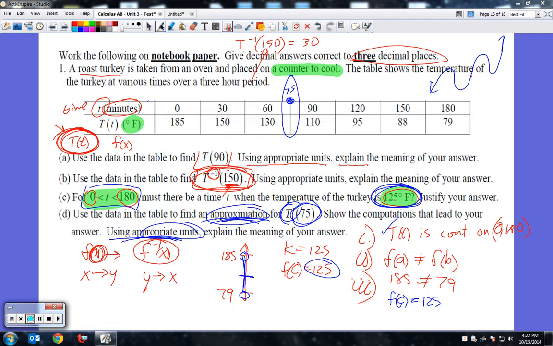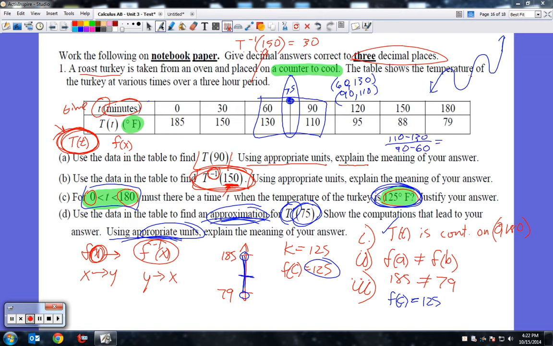Approximation is synonymous with the average rate of change. So all we have to do is solve for the secant, or the average rate of change between those 2 points. I have 60, 130. There's my first point. I have 90, 110. There's my second point. All I have to do is y2 minus y1 over x2 minus x1 over 90 minus 60.